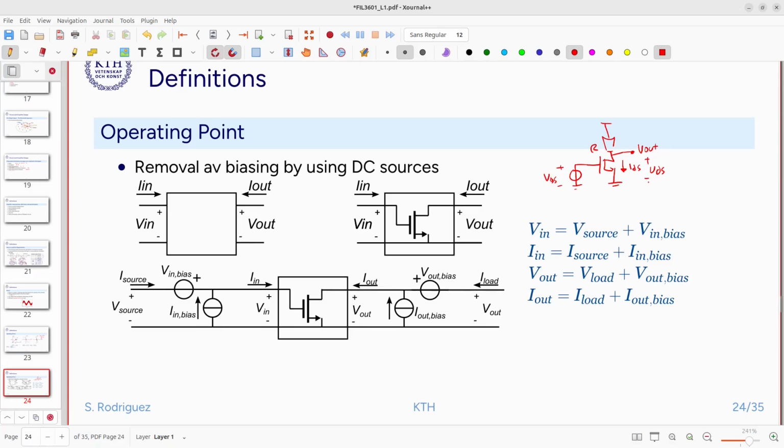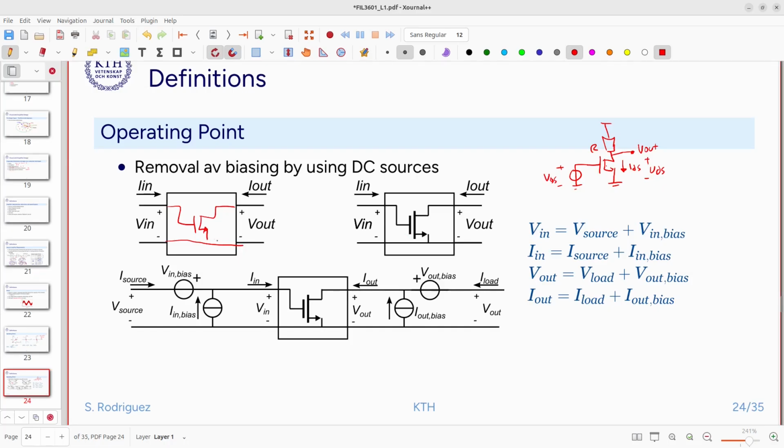Then we can do exactly the same to put the transistor in a particular operating point by using the two-port network concept. So we have our transistor, and we embed our transistor here.